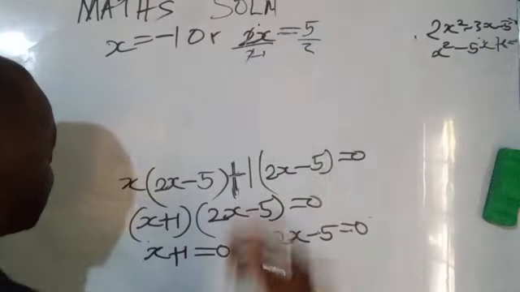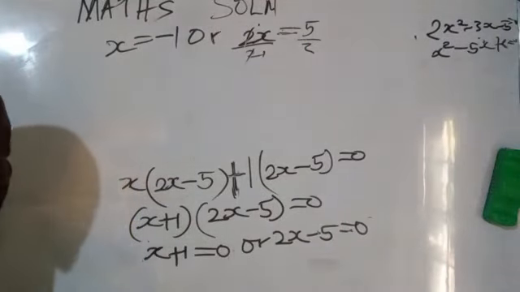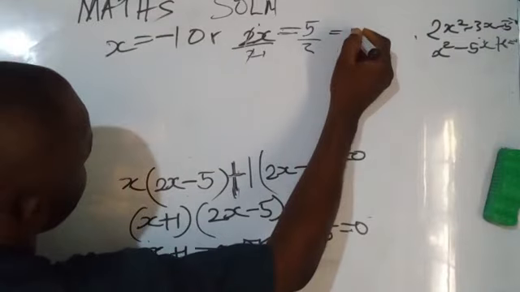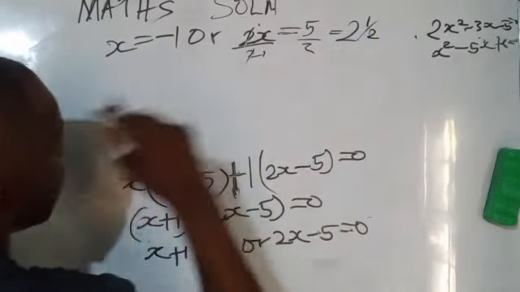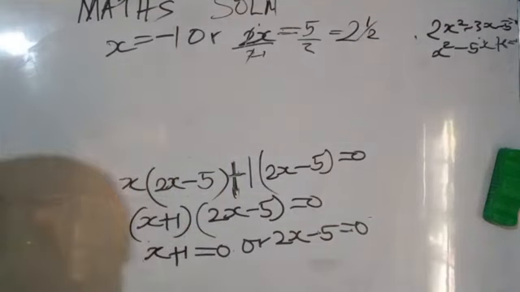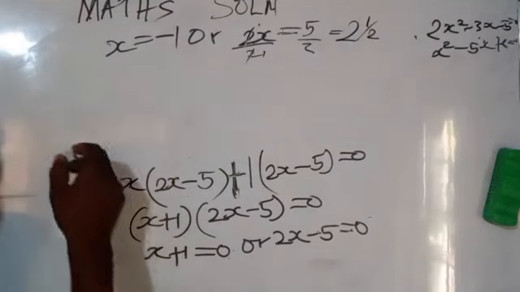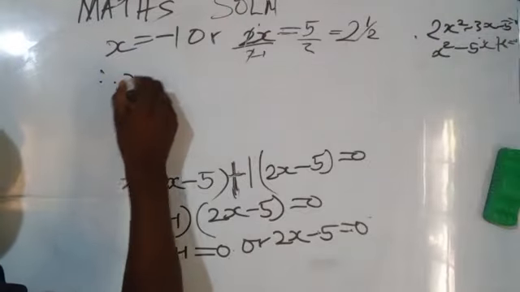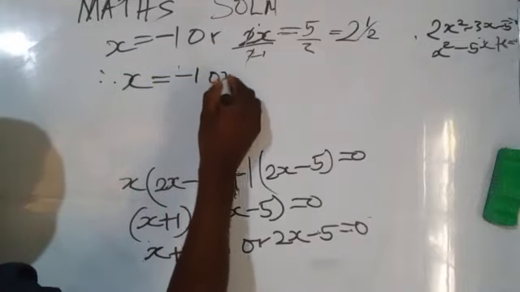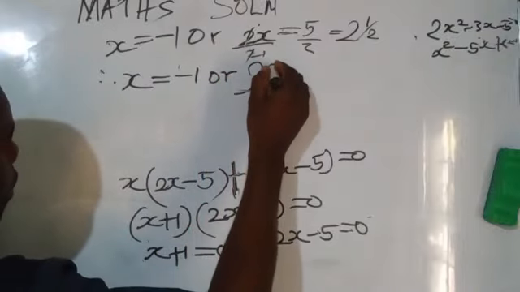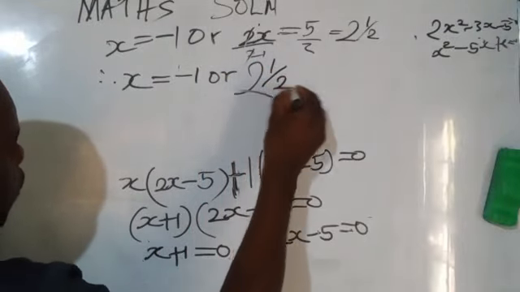Then 2 divide 5 is 5 over 2, which is equal to 2 whole number 1 over 2. Is that clear now? So, therefore, x is equal to minus 1, or 2 whole number 1 over 2.